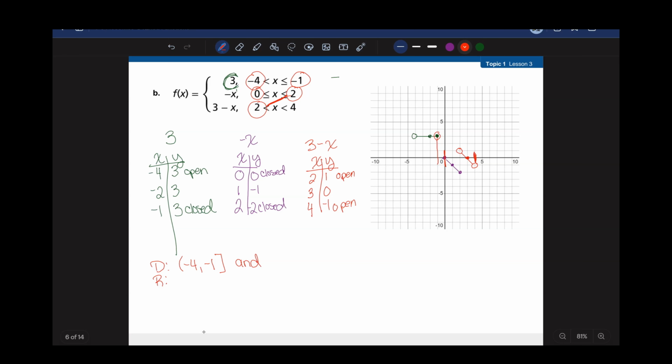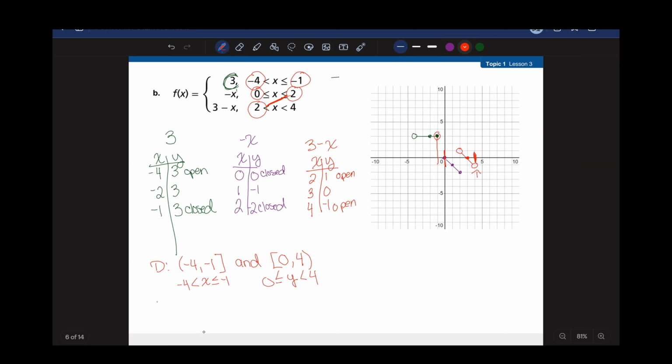So from 0 to 4. At 0, that's closed, so bracket 0, comma 4 is open circle right there, so not included. So if I wanted to write that as an inequality, I go from -4 to -1, and my y's go from 0 to 4. Okay?